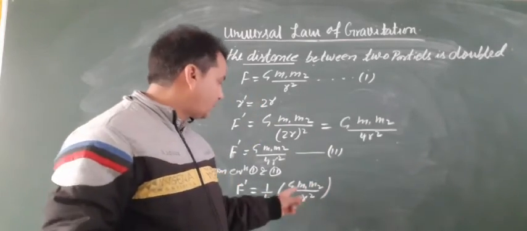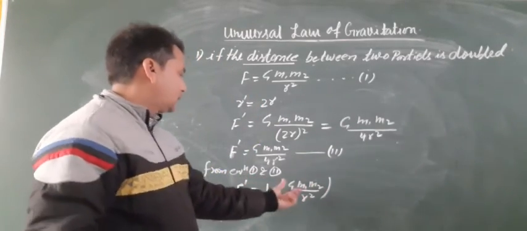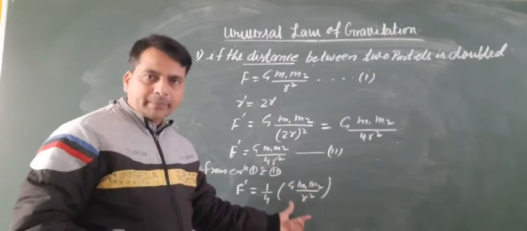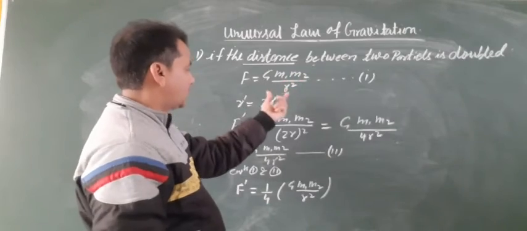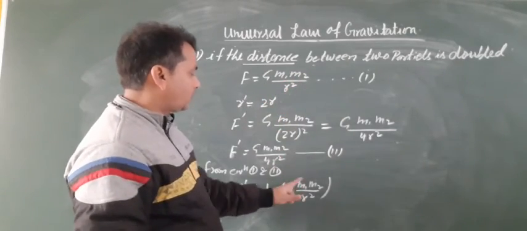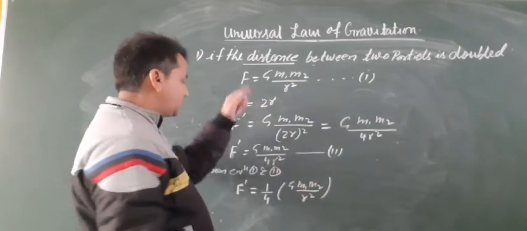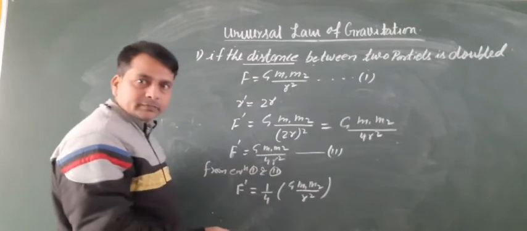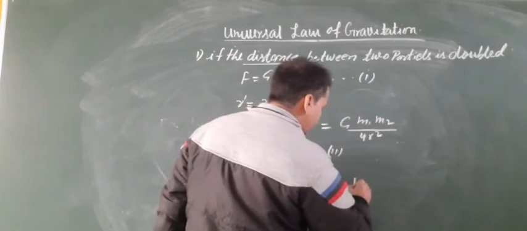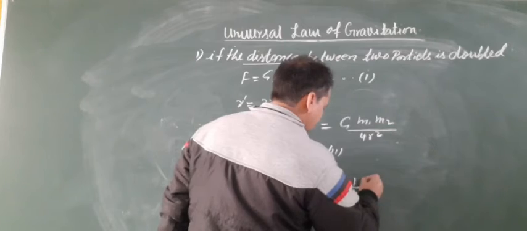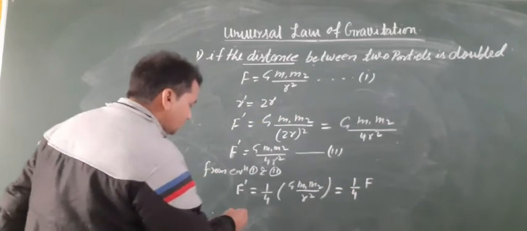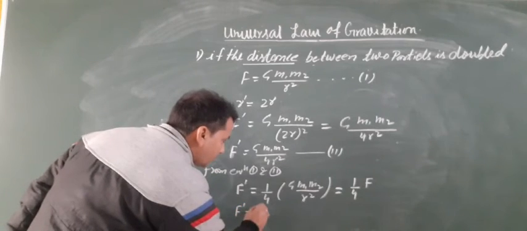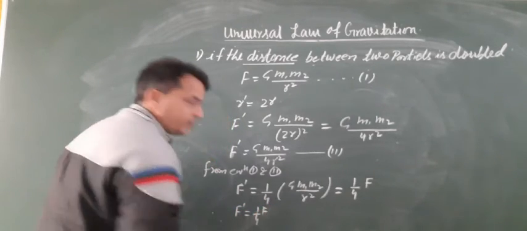Here G m1 m2 by r square is the original gravitational force, that is F. Therefore the value of G m1 m2 by r square is F, so F dash equal to 1 by 4 F.